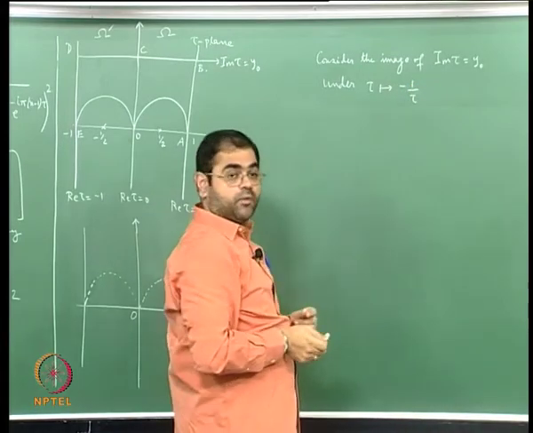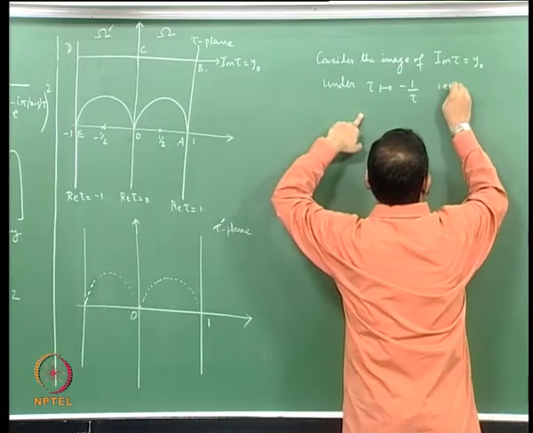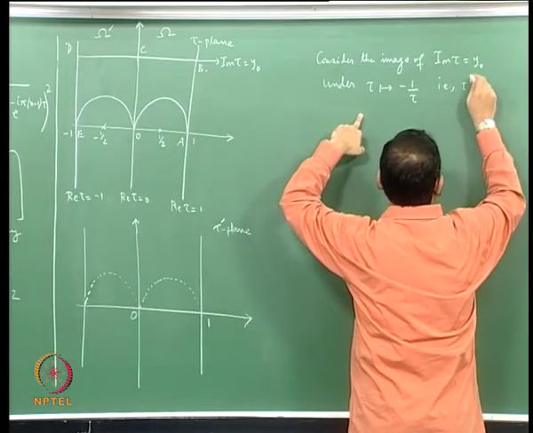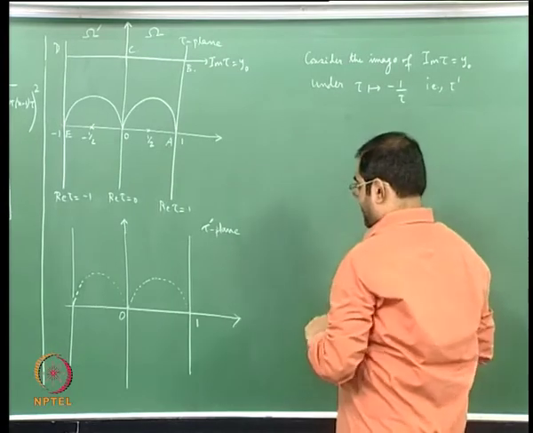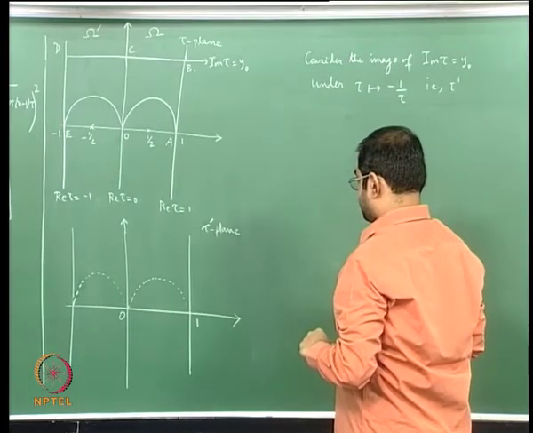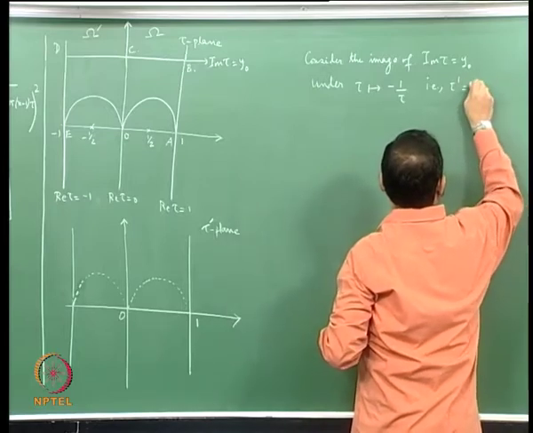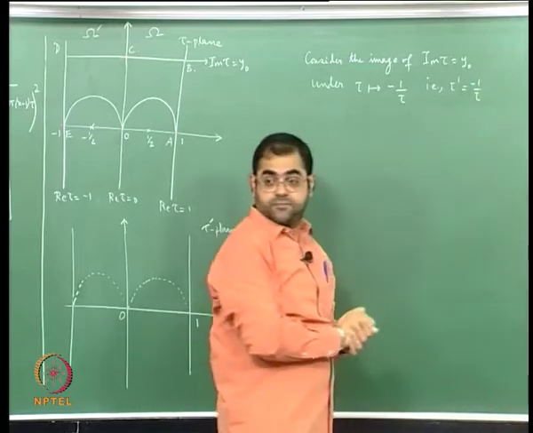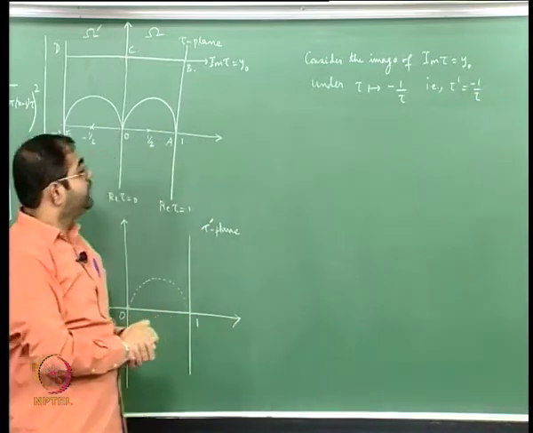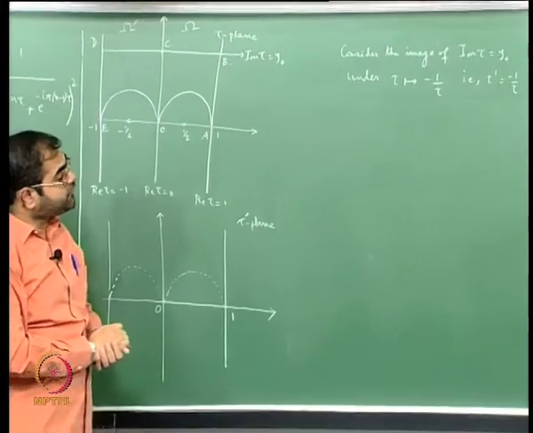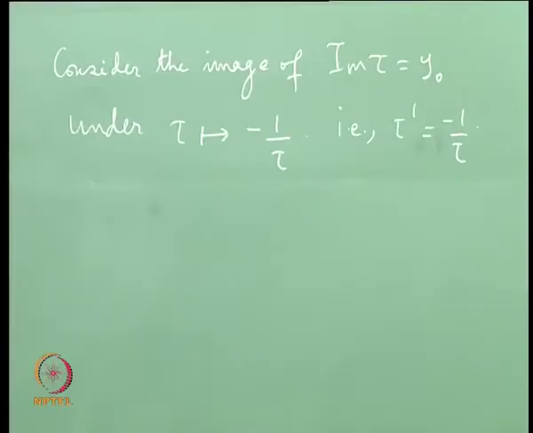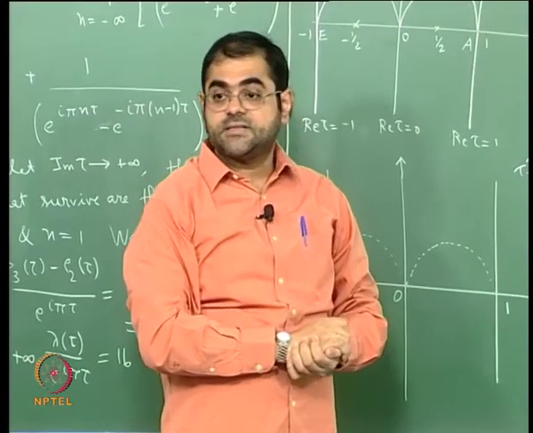So that is my transformation: tau prime is equal to minus 1 by tau. This is my transformation. You see tau going to -1 by tau is actually a Mobius transformation, and you know a Mobius transformation maps straight lines and circles onto straight lines and circles.